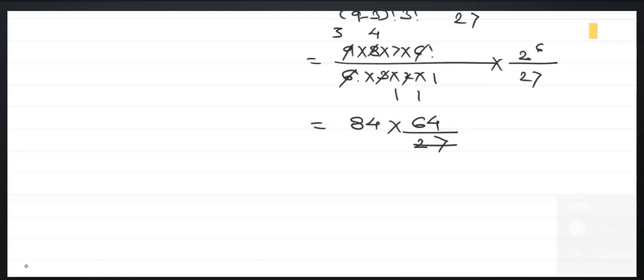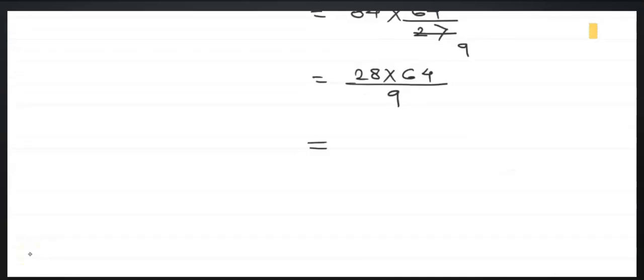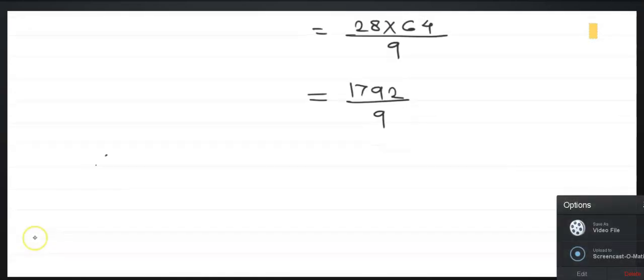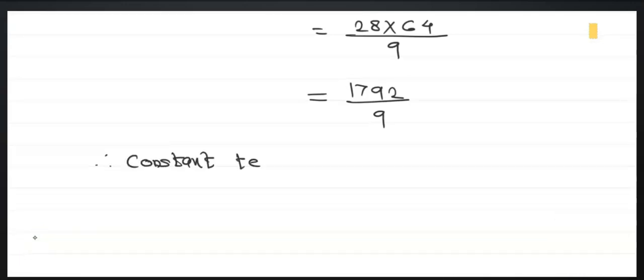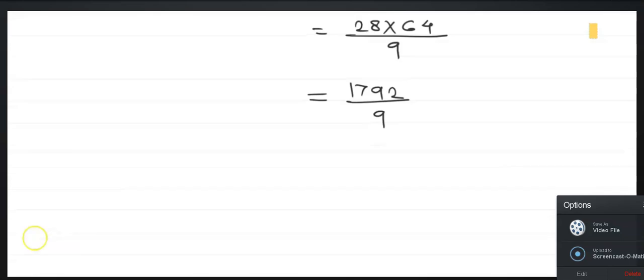Now perform the calculations. Therefore, 28 into 64 upon 9. Therefore, 1792 upon 9. The final answer, the constant term, is 1792 upon 9.